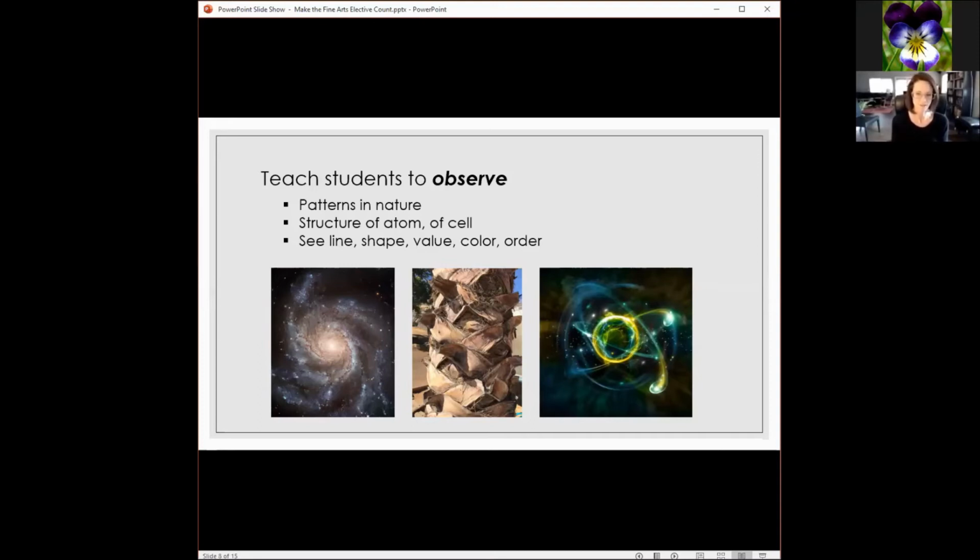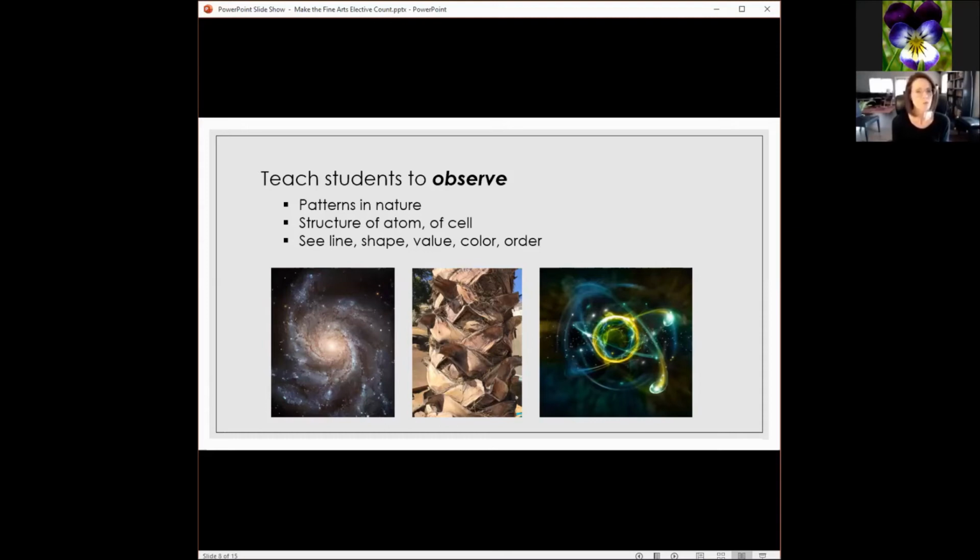This is an image of a tree in my backyard. And let's look at it up close, and let's see what lines and shapes and colors and textures this thing is made of. So we teach students to observe, look at the things around them, see those elements, see those principles.